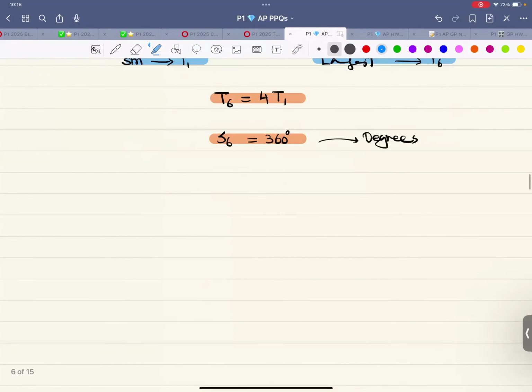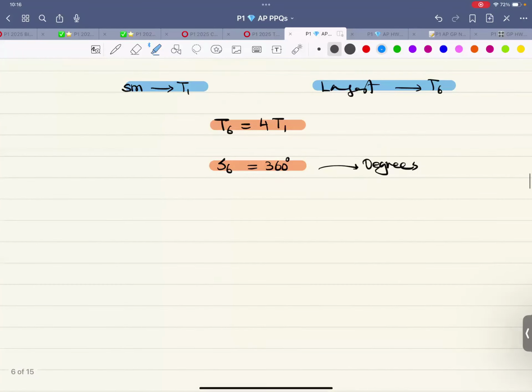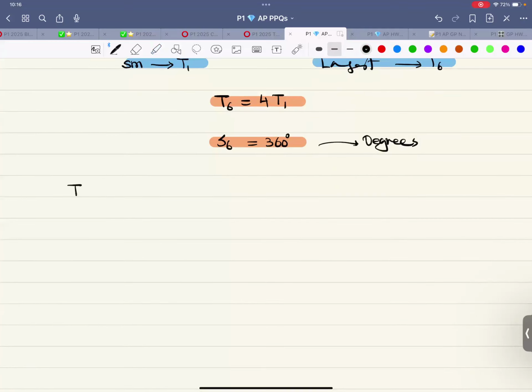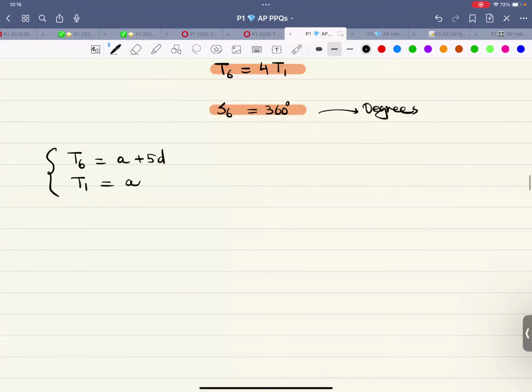Now, first of all, let me simplify this. T6 is 4 times T1. Now, T6 is A plus 5D. T1 is simply A. So let's relate these two. So A plus 5D is 4 times A. That is the knowledge. A plus 5D, that is the sixth term. T1, that is the first term.